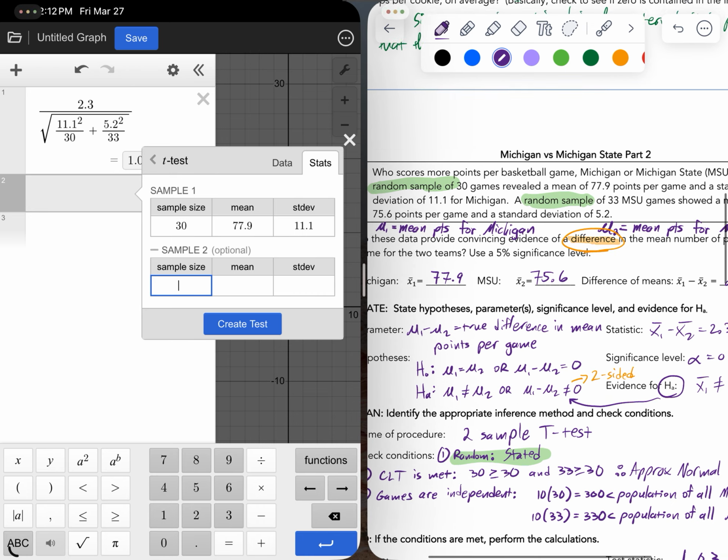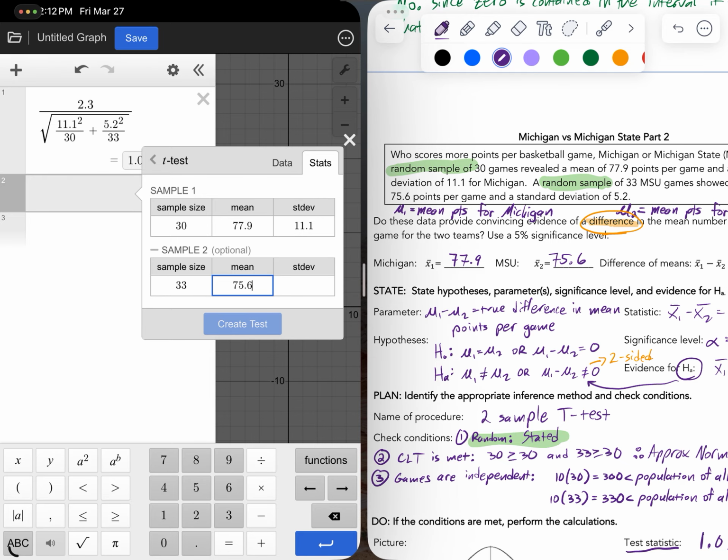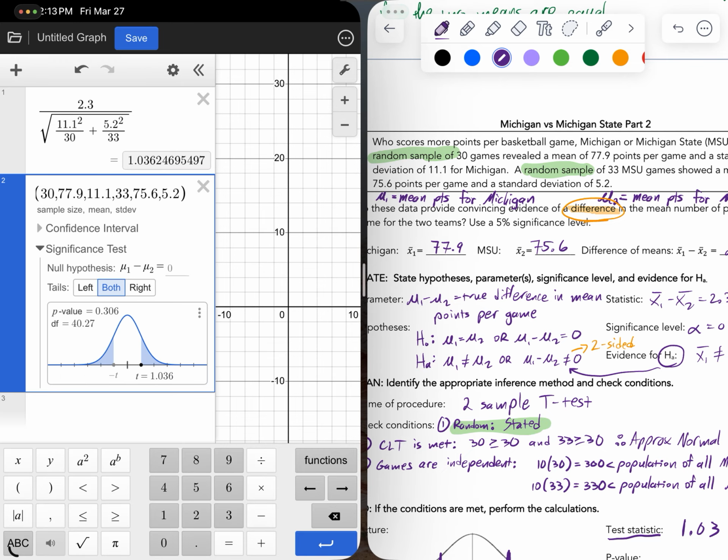Add Michigan State's in. They played 3 more games. Their standard deviation, they're much more consistent, or less spread out, I should say. Create the test, do the test button, and there you have it. I want both highlighted because it's two-tailed. And the test statistic is 1.036.